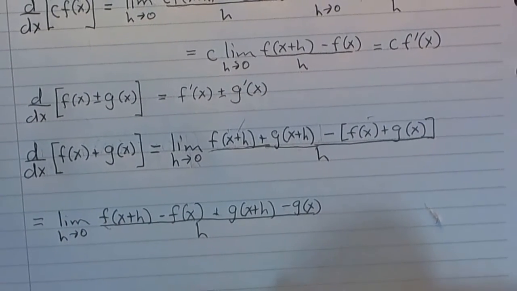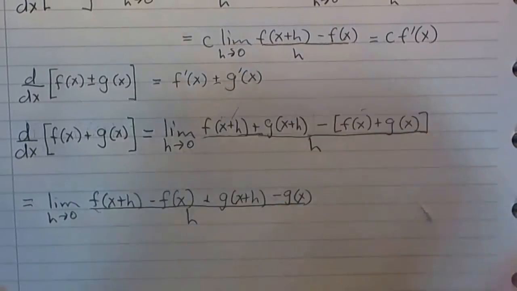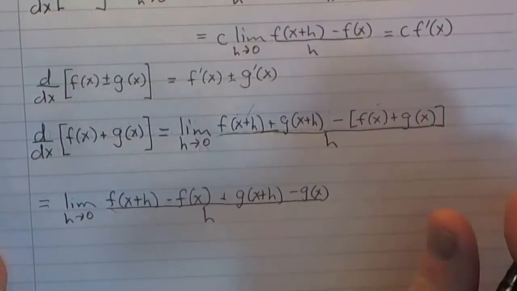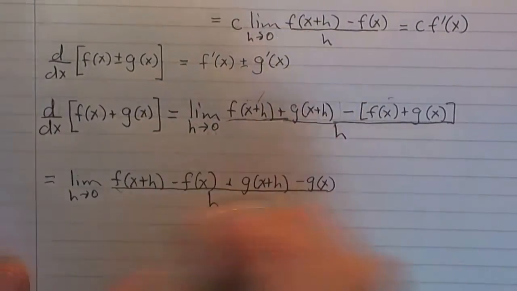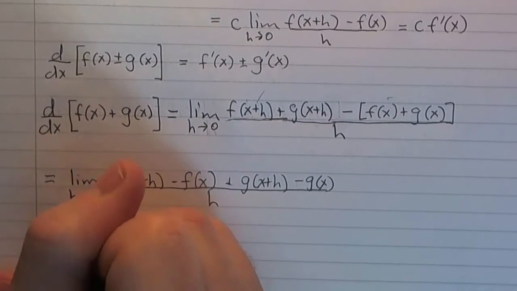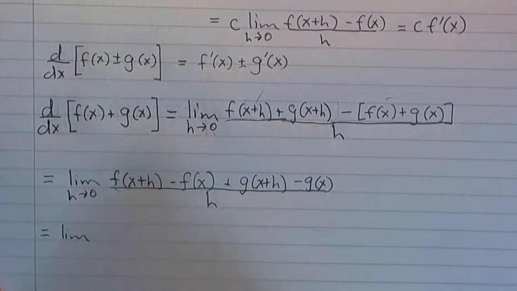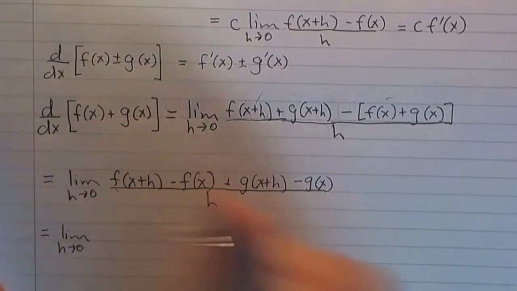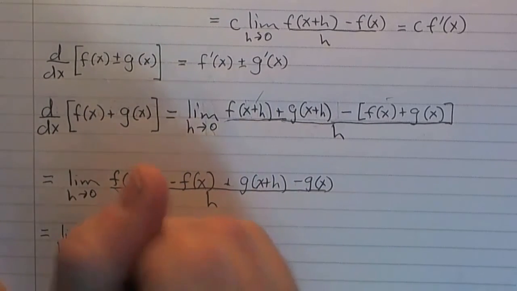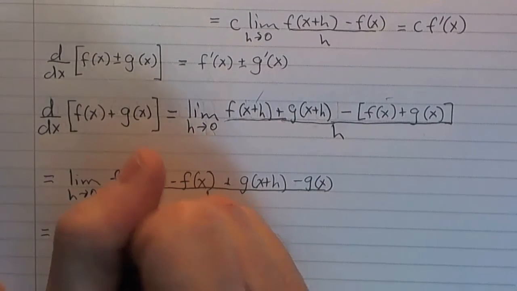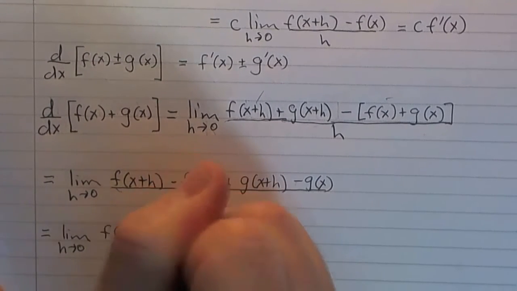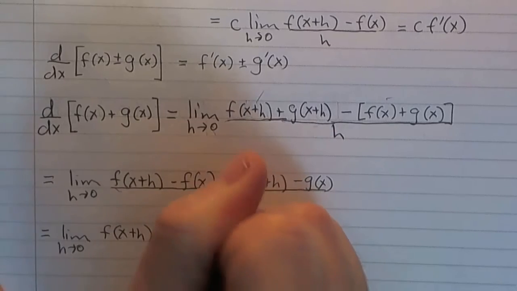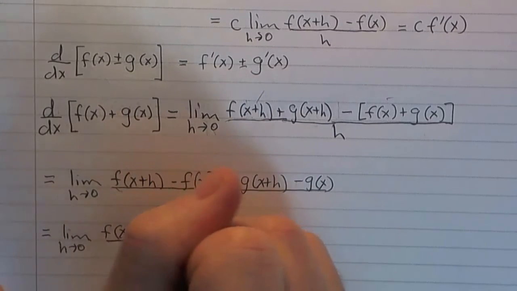Now, I can group things together further, because notice that I can do this. I'm going to say the limit, okay, as h goes to 0, and I'm going to say f of x plus h minus f of x over h.